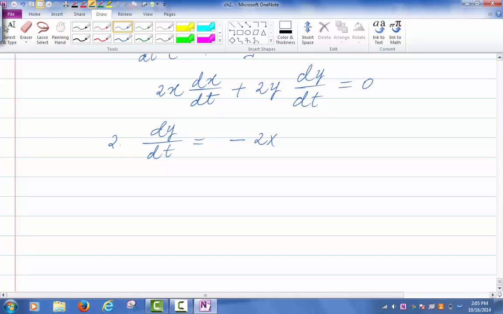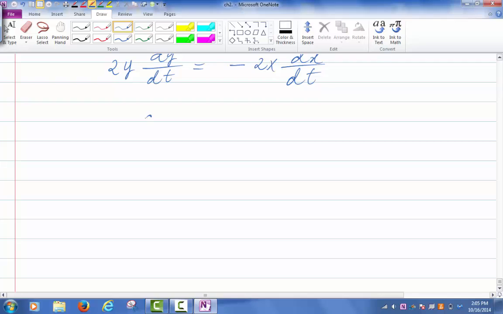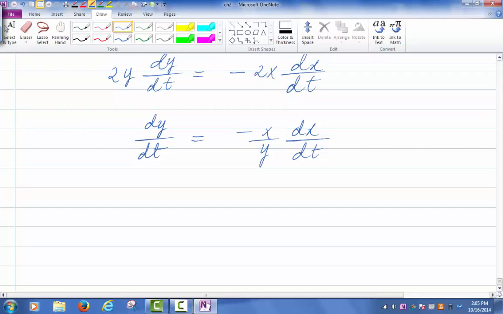Let me just write 2y here, and then negative 2x dx dt, and then one more line where I can write down what dy dt is, which would be negative x over y times dx over dt. You guys agree with that? So we know dy dt is this.